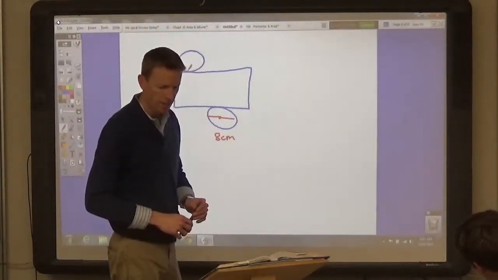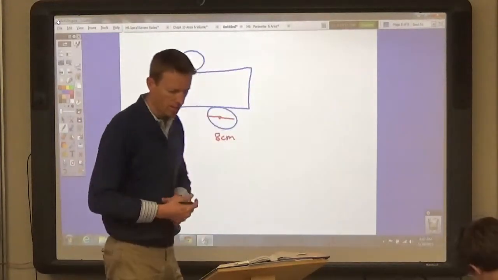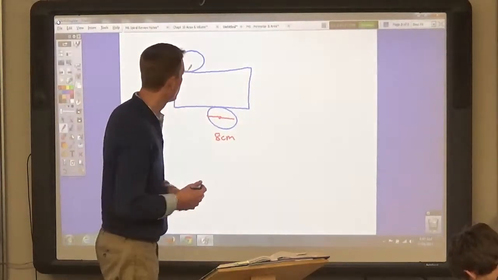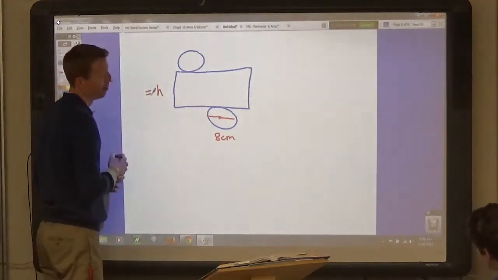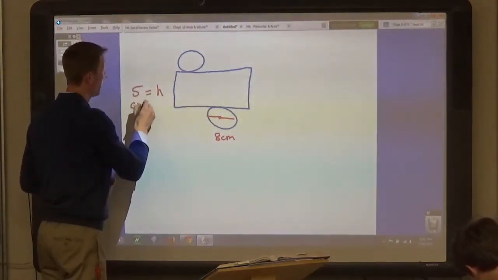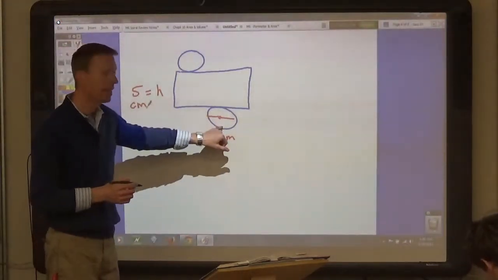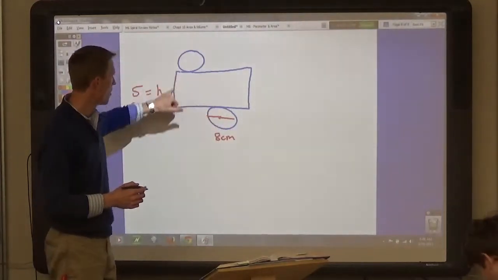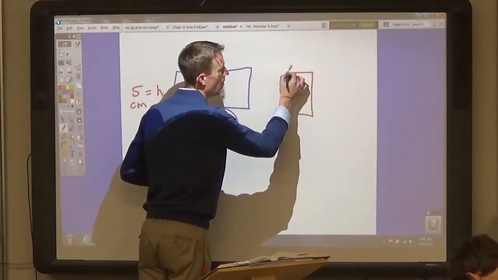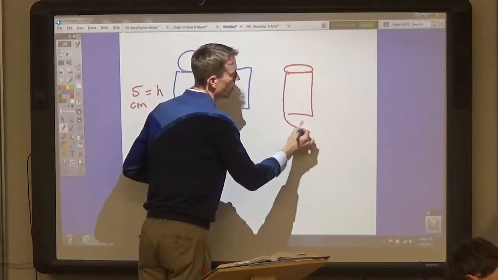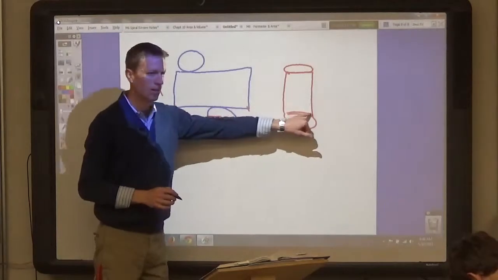And then the area of the base is... let's say, for the height of this, we need that, and that is 5 centimeters. Okay? So what we're going to get is the height of the can. And then this is going to be equal to this line right here. All right?